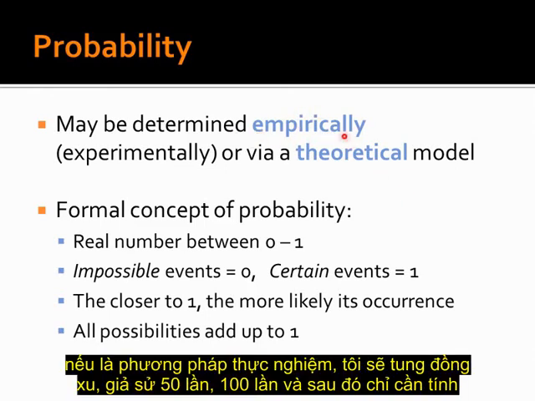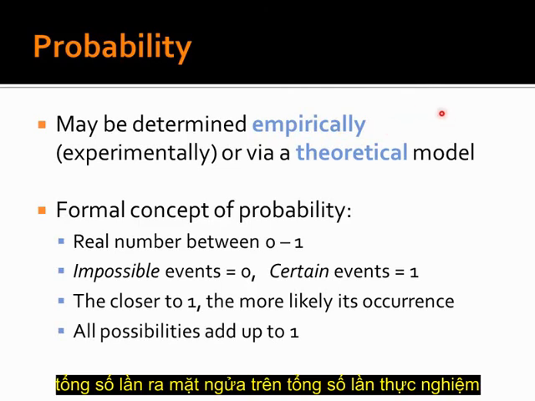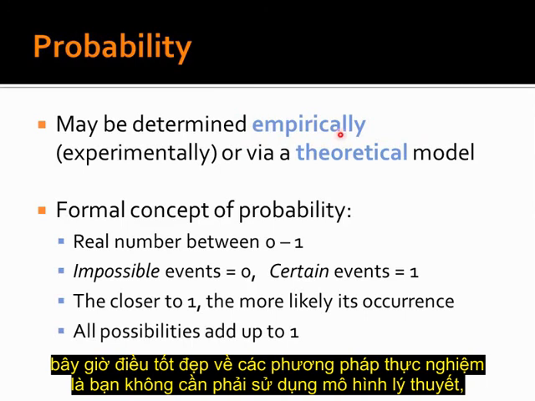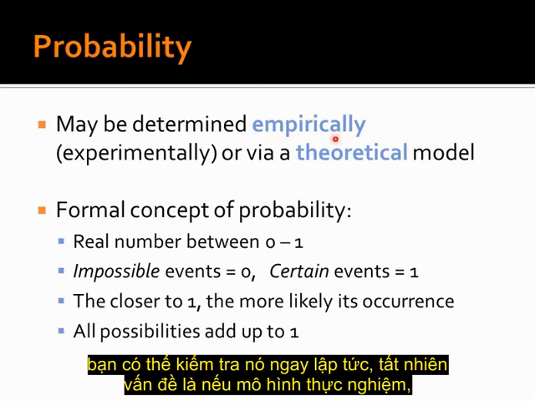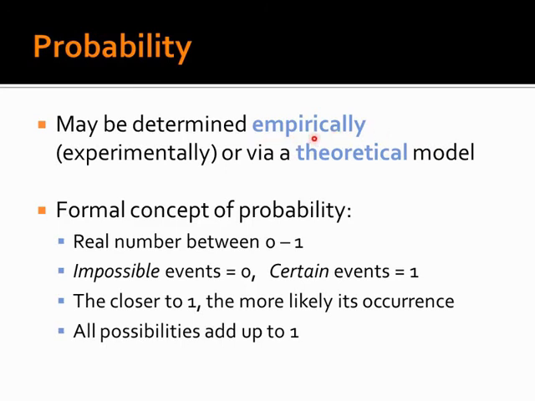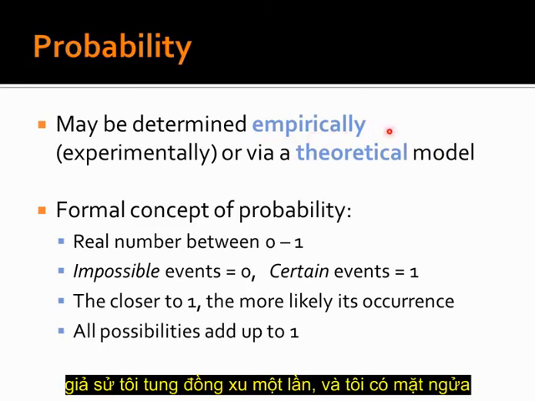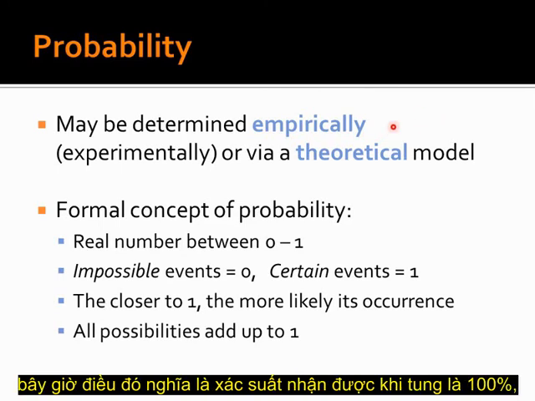Now, empirically, on the other hand, would be me flipping the coin, let's say 50 times, 100 times, and then just calculating the total number of heads after the total number of trials. Now, the nice thing about empirical methods is that you don't have to come up with a theoretical model. You can just test it straight away. Now, the problem, of course, with empirical models is that, let's say I toss the coin once, it comes out heads. Does that mean that the probability of getting heads is 100%?